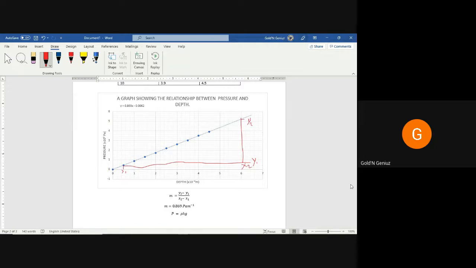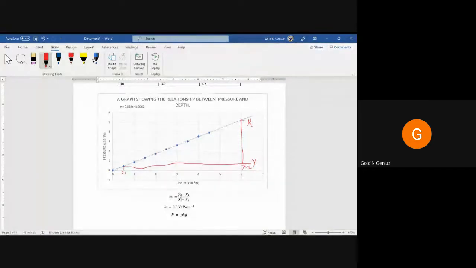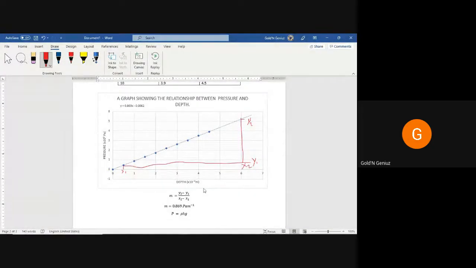All right. And then I would take my most accurate readings. So this value minus this value, put it in the numerator. This value minus this value, put it in the denominator.